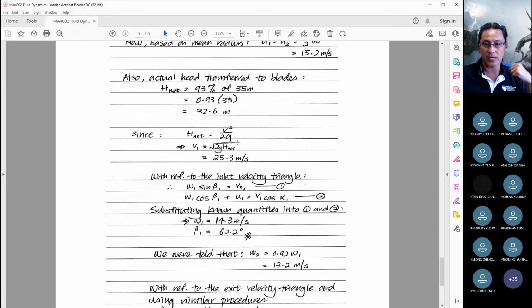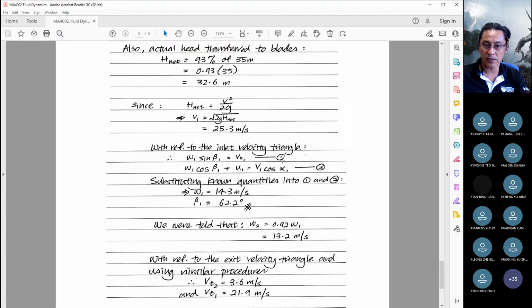We don't consider any gravitational potential head gain and so on. If that's the case, since we know H net is 32.6 meters, that allows us to calculate V1 based on this number. Once we calculate V1, which equates to 25.3 meters per second, then we can basically consider the velocity triangles.